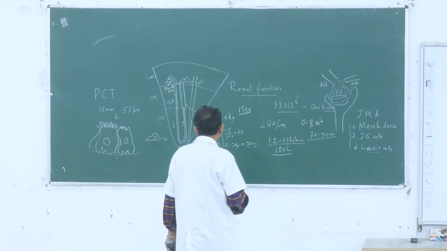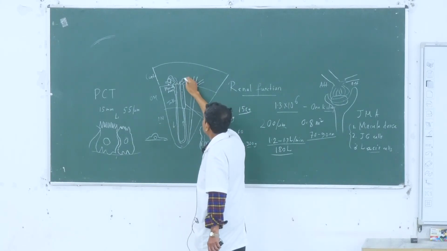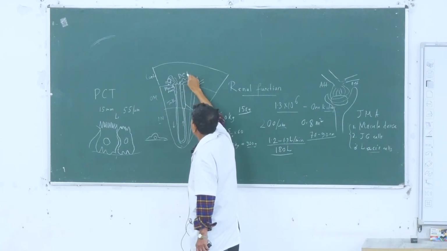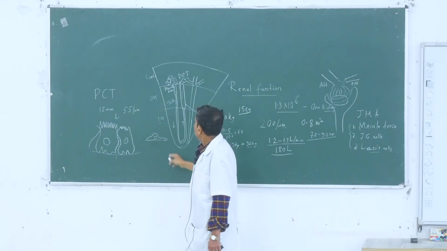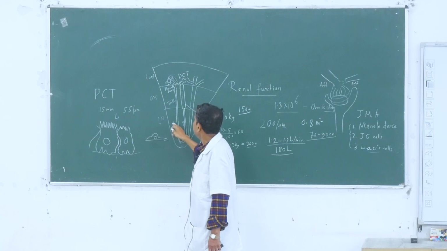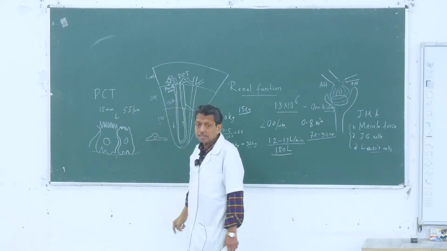From the macula densa onward is the distal convoluted tubule. The length of the loop of Henle varies.